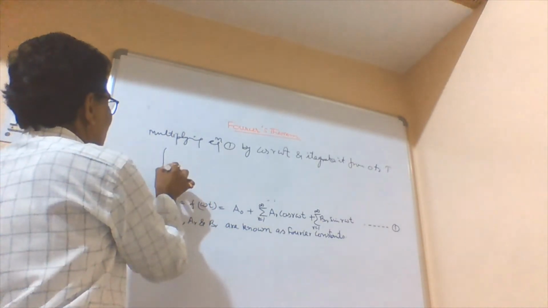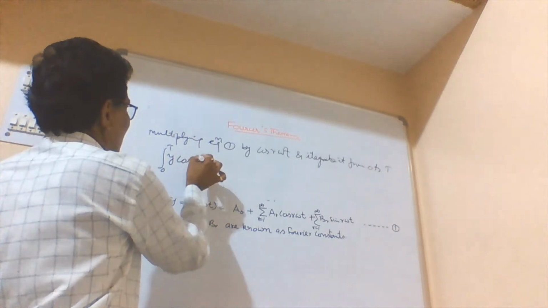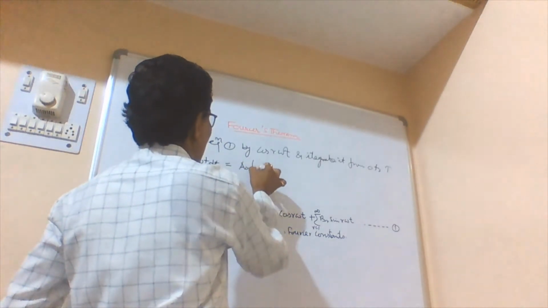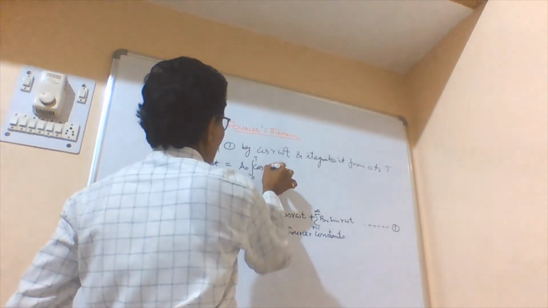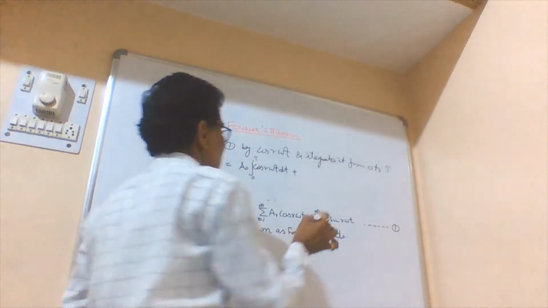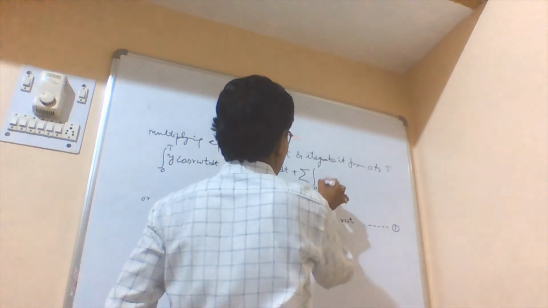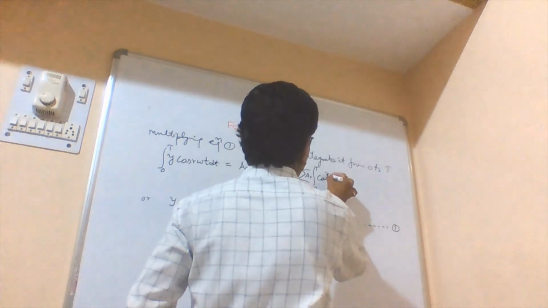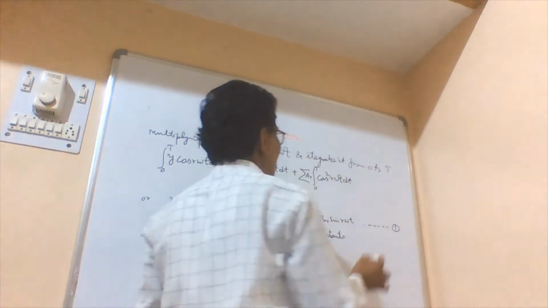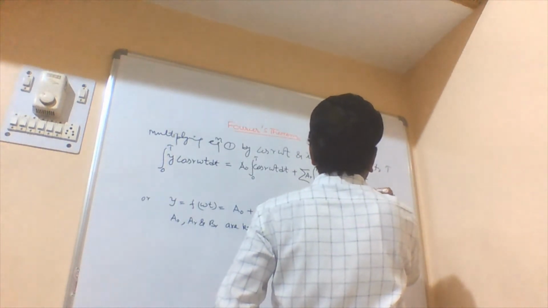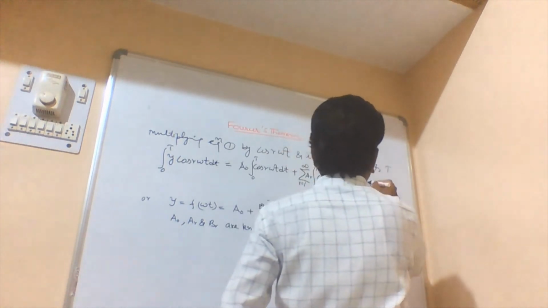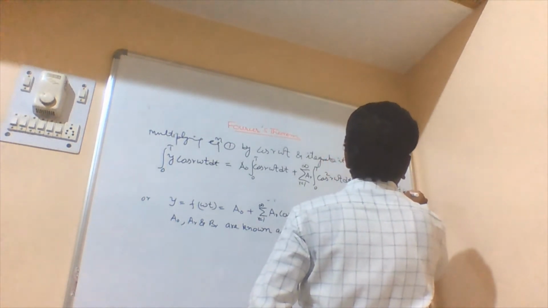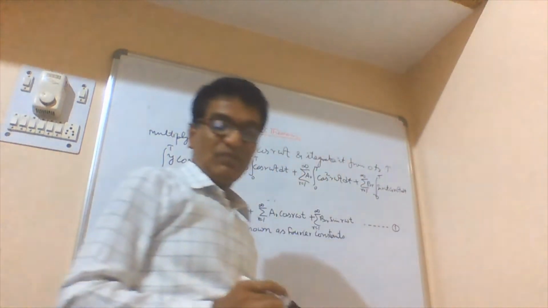So integral 0 to T of y cos rωt dt is equal to a naught, a constant term that may be taken out from the integral sign, times integral of cos rωt dt, plus summation of ar, a constant that may be taken out from the integral sign, times integral 0 to T of cos square rωt dt, plus summation r equal to 1 to infinity of br times integral 0 to T of sin rωt cos rωt dt, like this one.